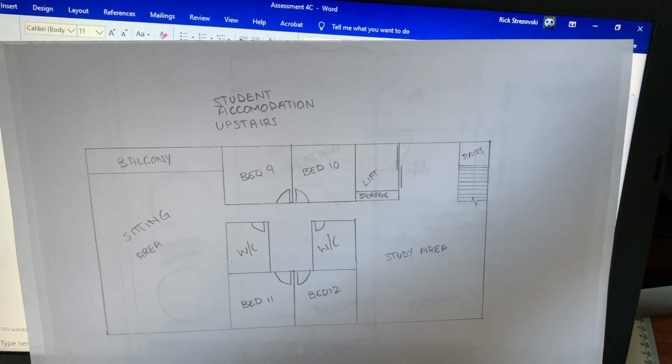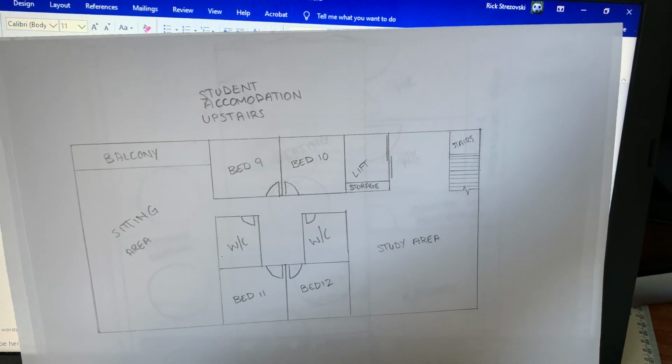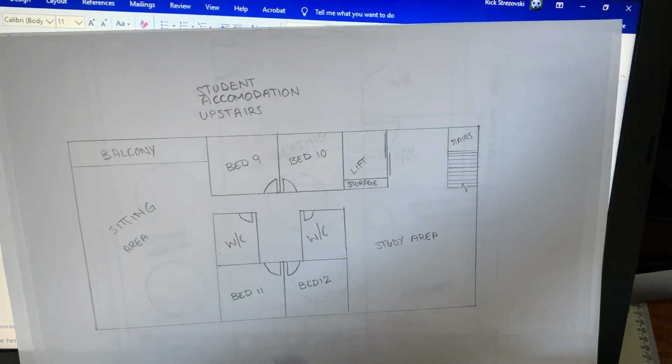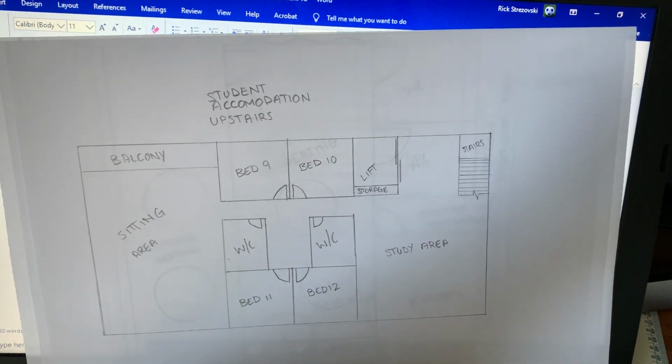Each of the bedrooms will include a double bed, a sitting area, and some storage for clothing. The kitchen area, as I mentioned, is downstairs, and the sitting area and studying areas are both communal areas up here.